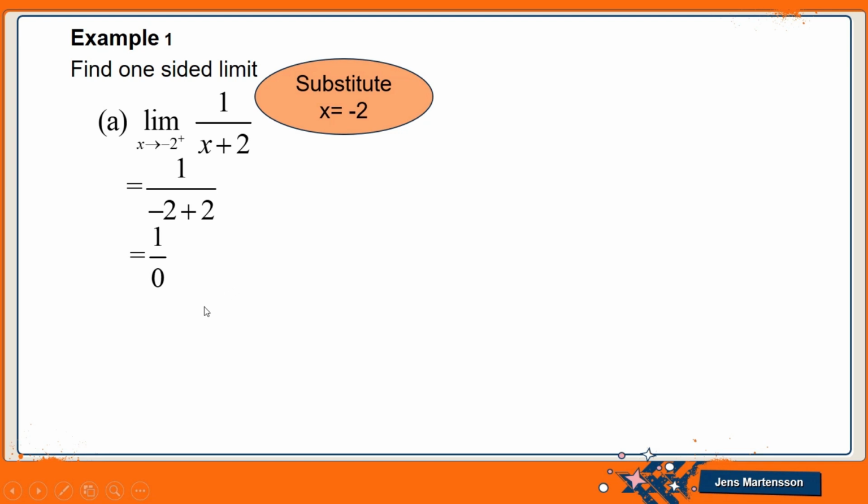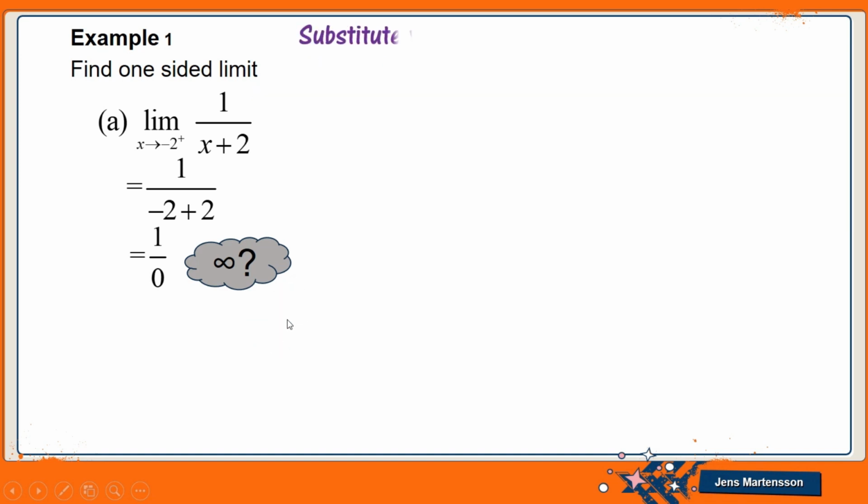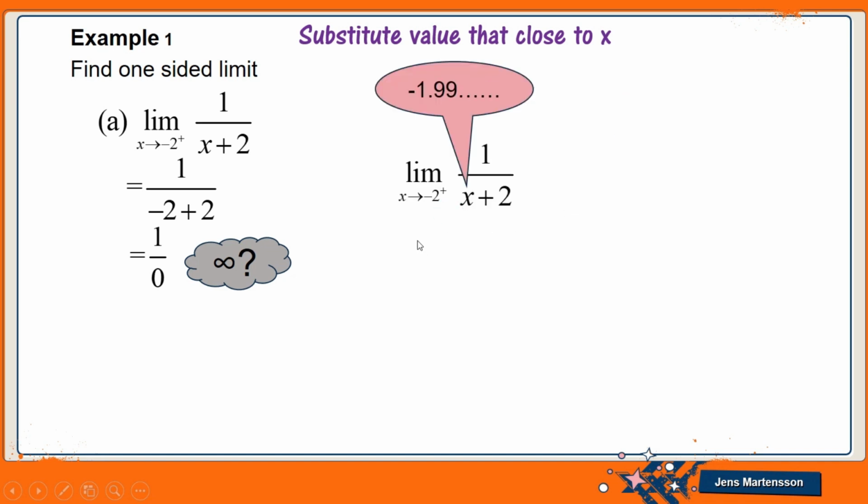The answer is either infinity or negative infinity. So for this question, we must substitute a value that is close to the x-value. For example, we choose negative 1.99. Negative 1.99 plus 2 is positive.